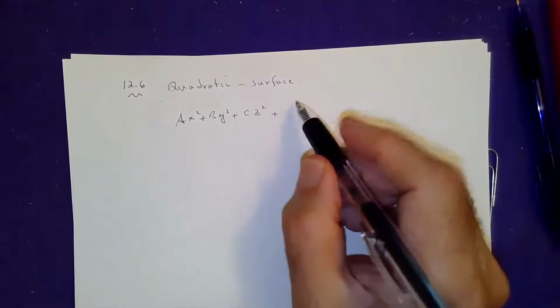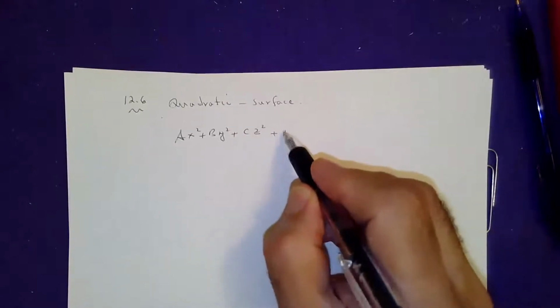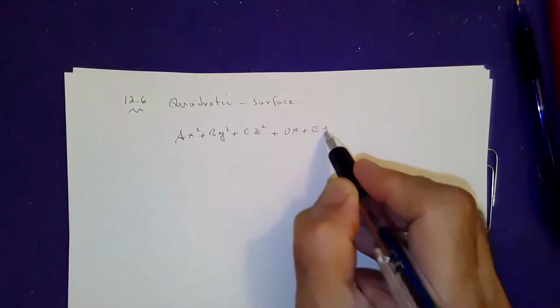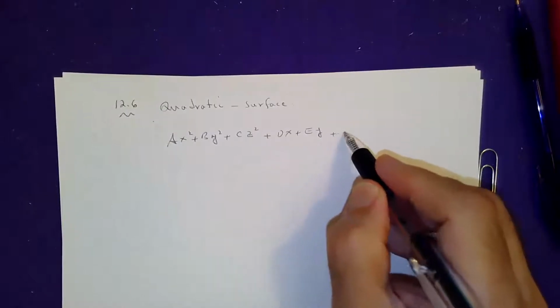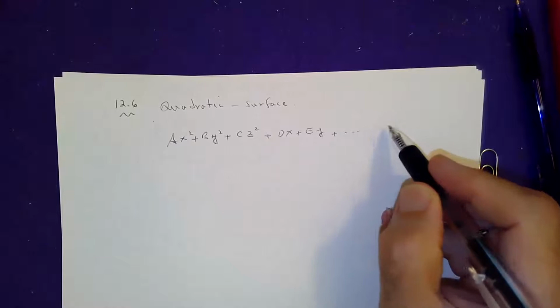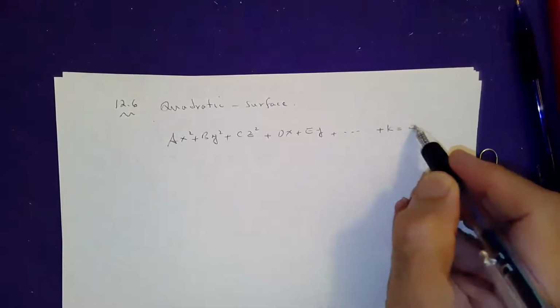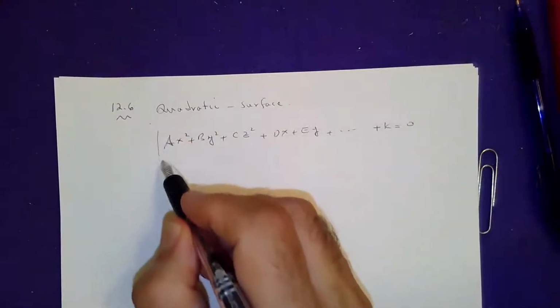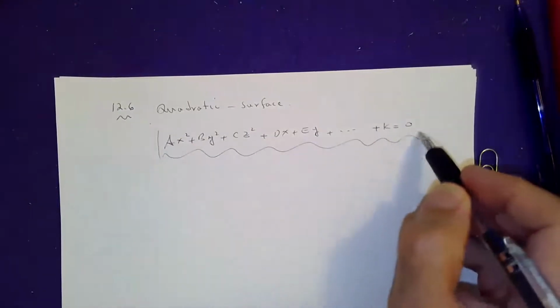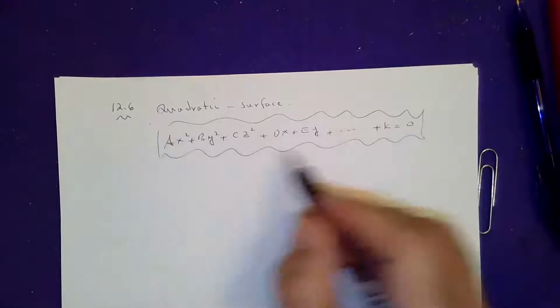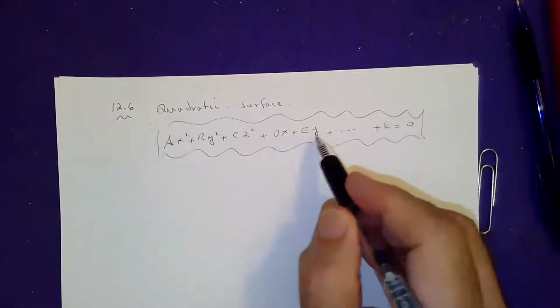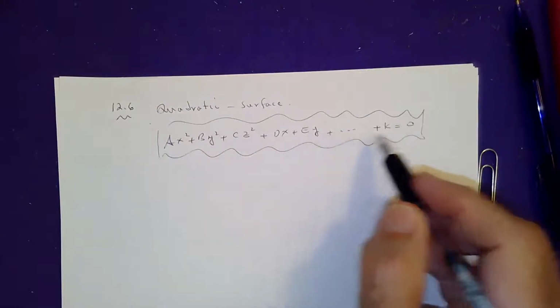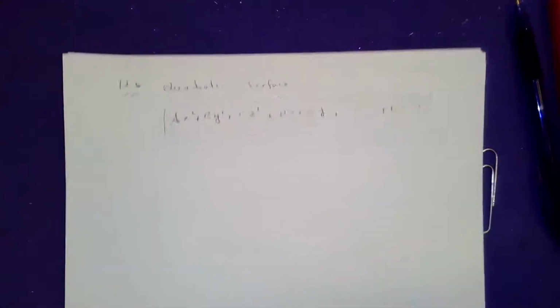Then you have powers of 1, like let's say dx, dy. It goes all the way, and then you have a constant equals 0. So that's the general form of a quadratic equation in 3 variables, okay? Then you also have the xy term, yz term. It's a huge equation.